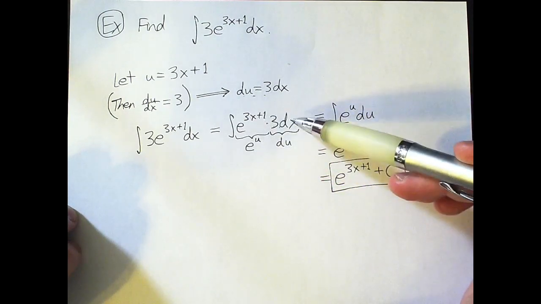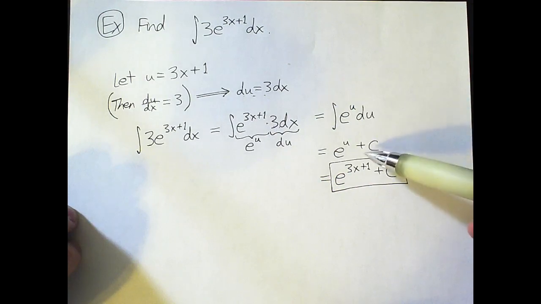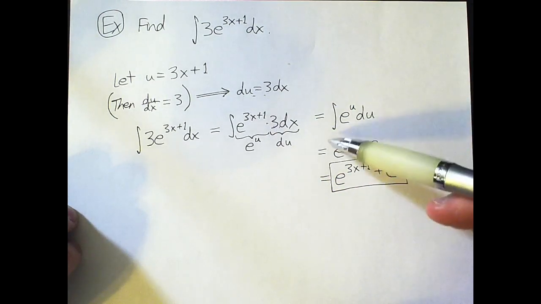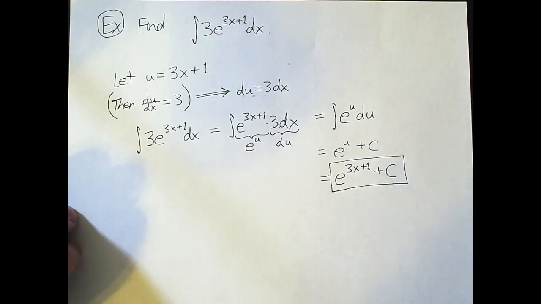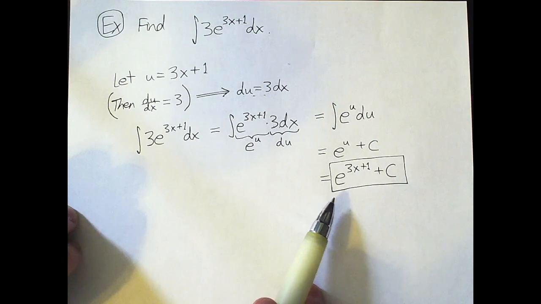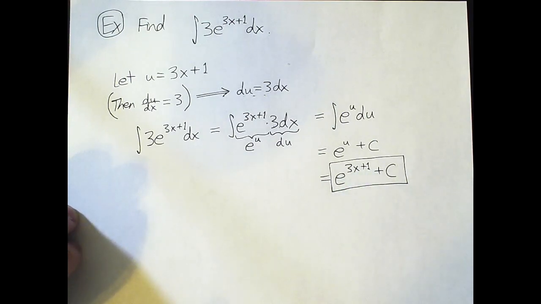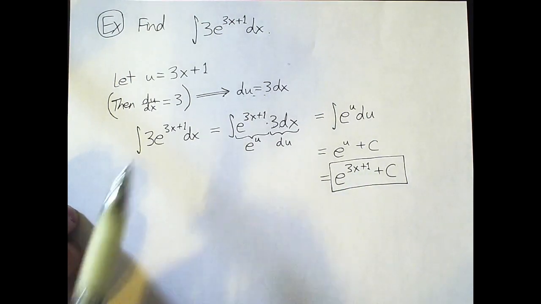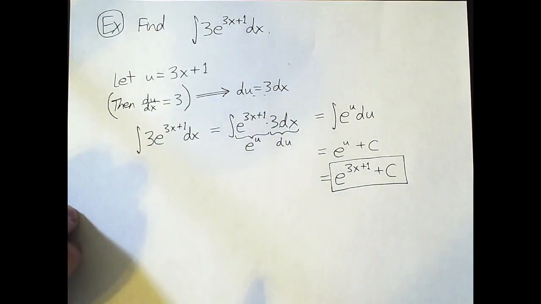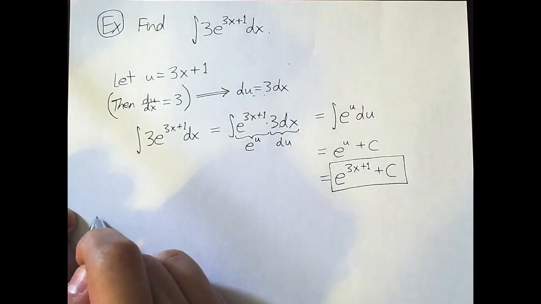I'm going to substitute du here. And then we have an easier problem. We integrate the easier problem, and then we turn it back into terms of x. You could check your answer, take the derivative of your answer. You'll probably need to use the chain rule and make sure it equals the original problem. But checking your answer is optional.